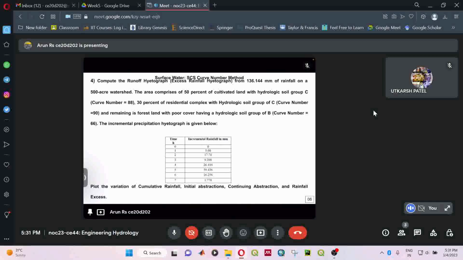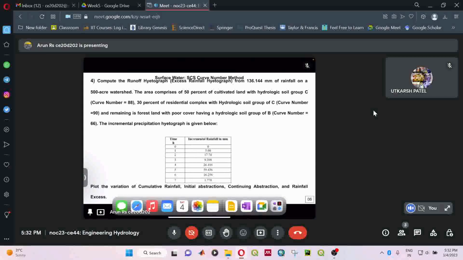Incremental precipitation is given. So we have time and incremental rainfall in each hour. Now again we have to plot the cumulative rainfall, initial abstraction, continuing abstraction, and the rainfall excess. Our main aim is to find the excess rainfall hydrograph. The rest we can see how they vary with time.